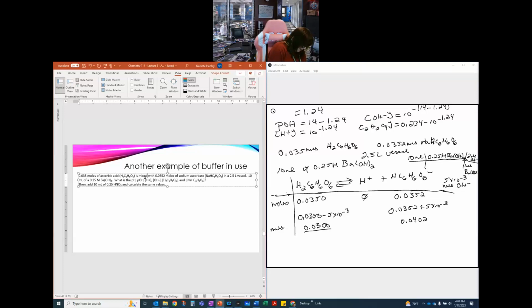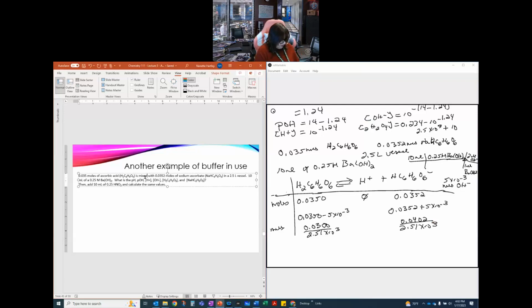So 2.5 times 1,000 gives me 2.5 times 10 to the third plus 10 mils, which gives me 2.51 times 10 to the third as a total volume.